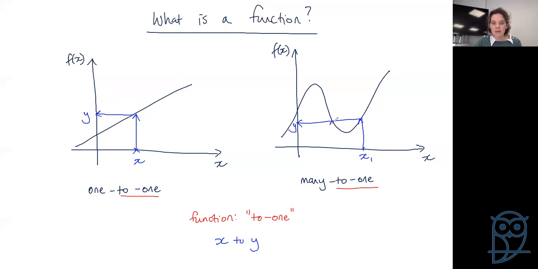But if we came up here also, and if we came up here, we would have the same value of y. So that's why we have many x's giving us one y. So 1 to 1, 1x, 1y, many to 1, many x's to 1y. But what's really important is you only get 1y. That's what gives us a function.